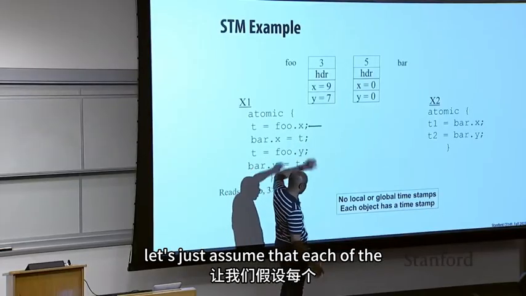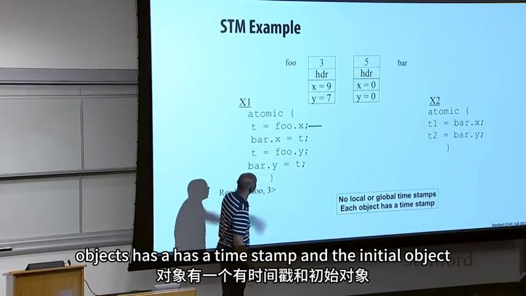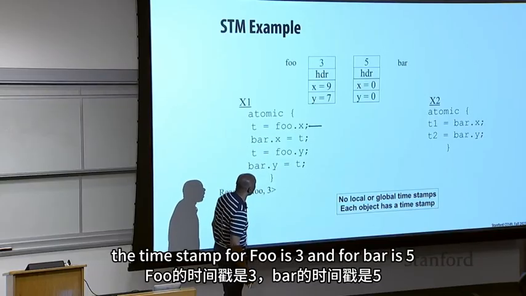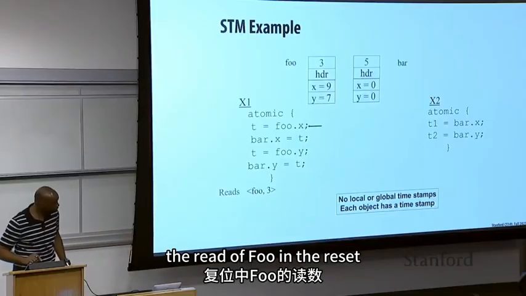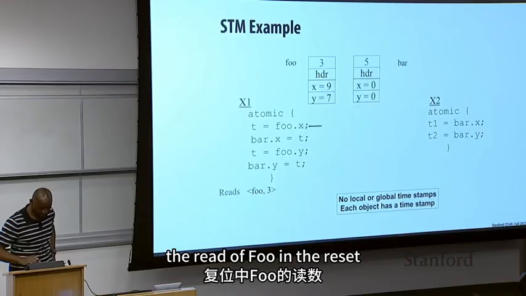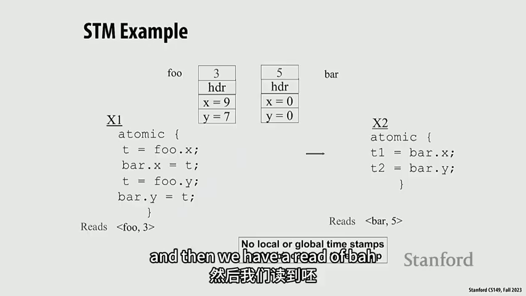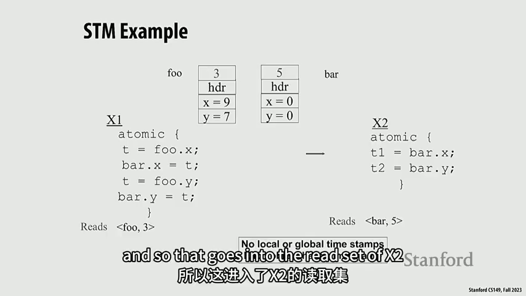Let's just assume that each of the objects has a timestamp, and the initial object timestamp for foo is 3, and for bar is 5. So we've got the read of foo in the read set with timestamp 3, and then we have a read of bar, and it gets timestamp 5, and so that goes into the read set of x2.